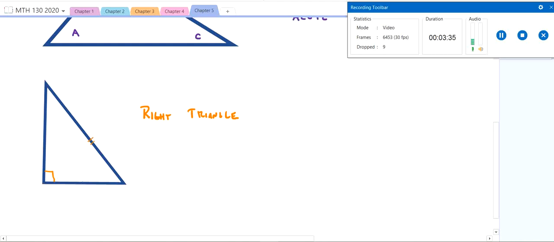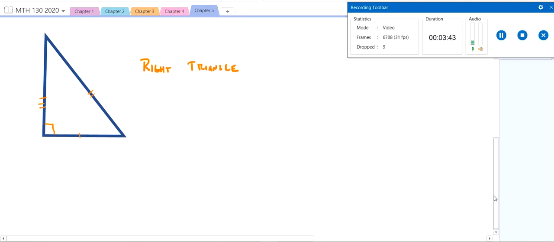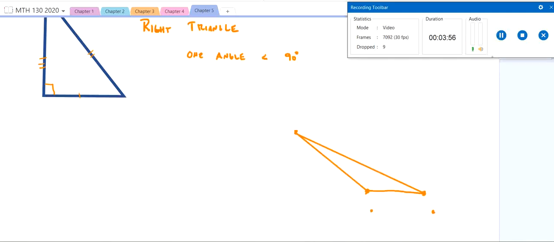The sides can be any length at all. Right triangle, one angle is 90 degrees and the others are less than 90 degrees.